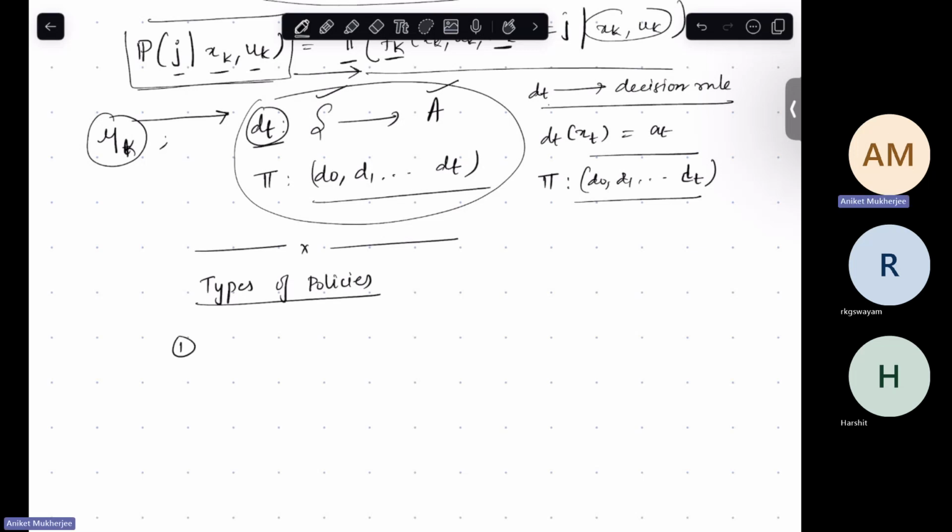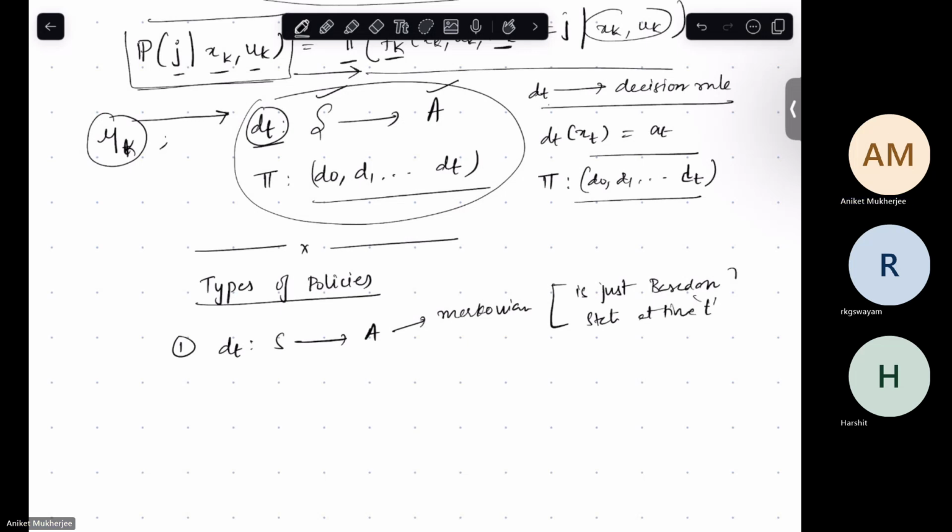First, your decision rule dt is something which maps states to A. Your decision rule is Markovian if your decision is just based on the state at time t, and nothing else, nothing from the history.